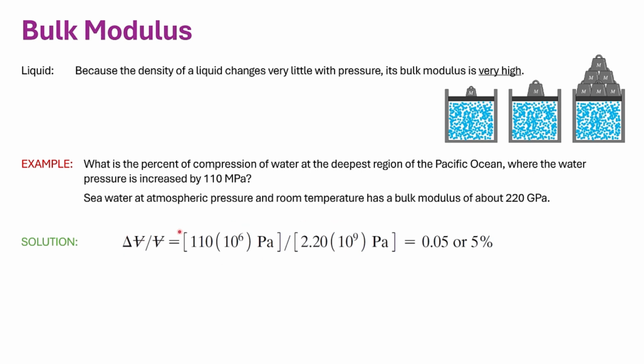What we are doing here is just rearranging the formula to get delta V over V and find out the percent compression of water at the deepest region of the Pacific Ocean. So delta V divided by V equals 110 times 10 to the 6th pascals, because mega is 10 to the 6th, divided by 220 gigapascals. And giga is 10 to the 9th, so it's 2.2 times 10 to the 11th pascals. So the result is 0.05, or basically 5%.